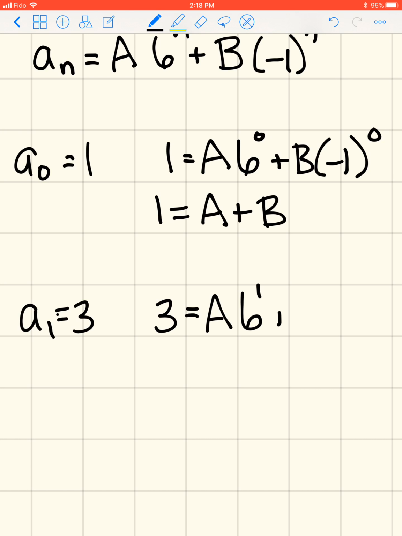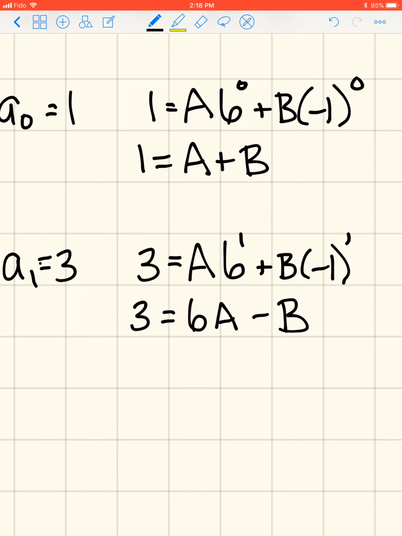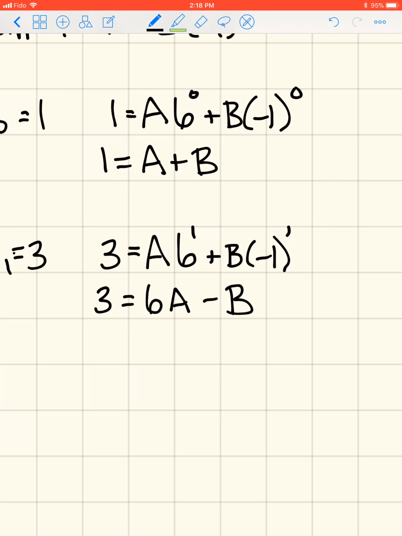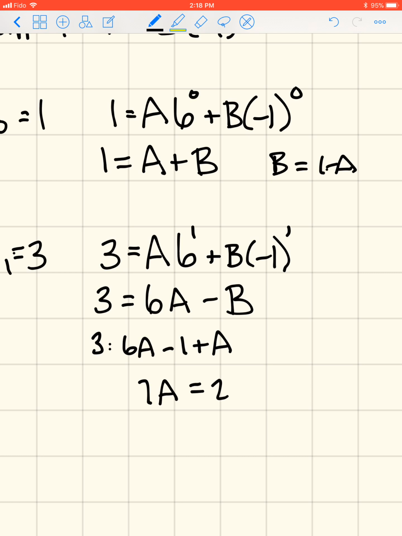So it's 6 to the 1 plus B times negative 1 to the 1, which is the same as saying that 3 is equal to 6A minus B. So B is 1 minus A. If we substitute that in really quick, hopefully we can get 7A is equal to 2.